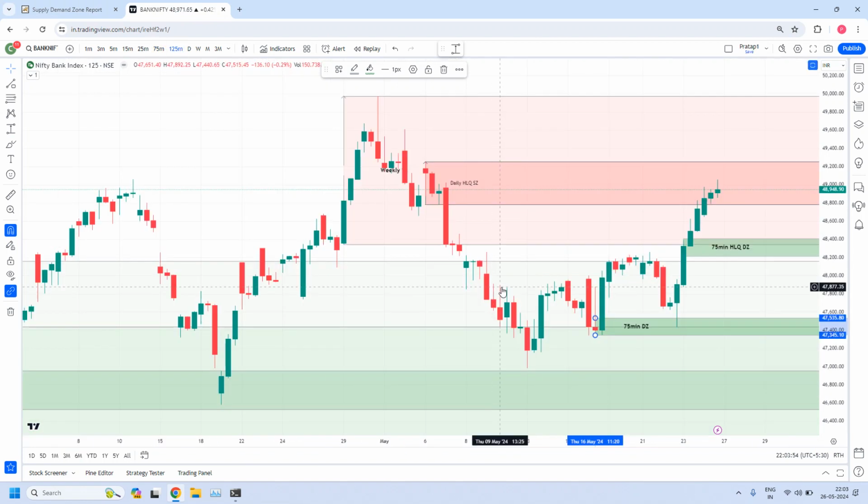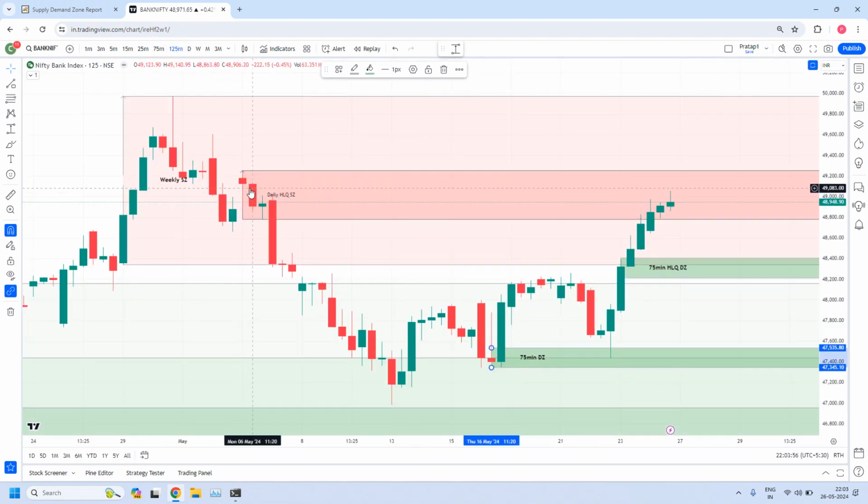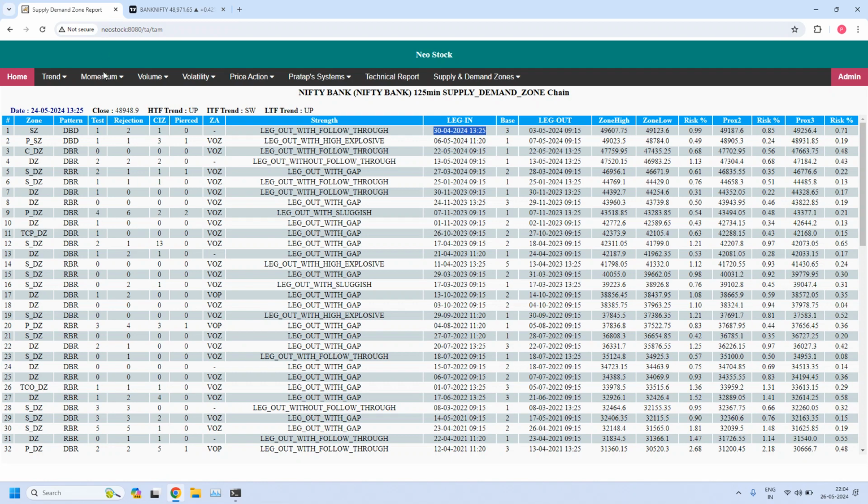On 6th May there was a drop, base, drop, but this one, the 125 minute zone, is pierced. So there are no properly fine-tuned zones here, but there is one 125 minutes normal supply zone.